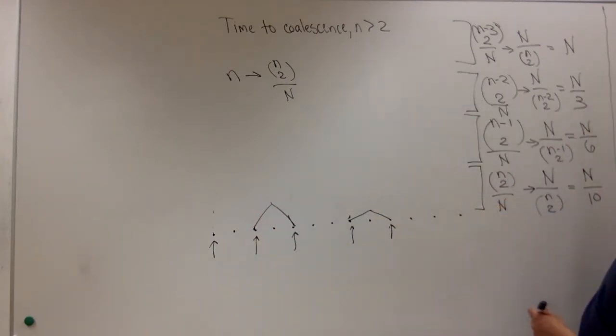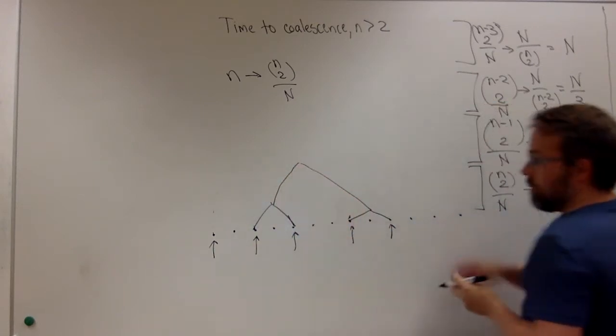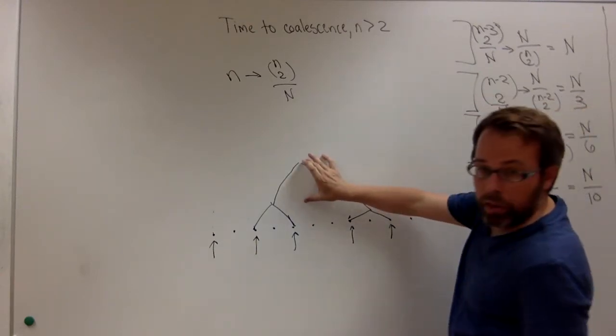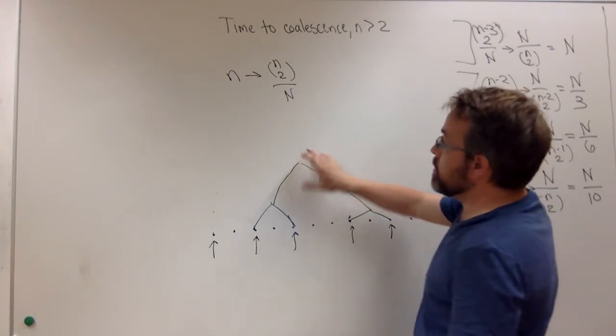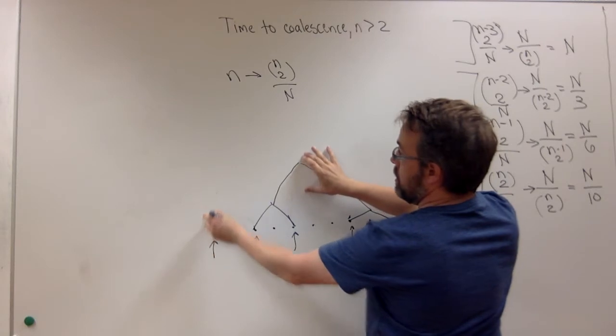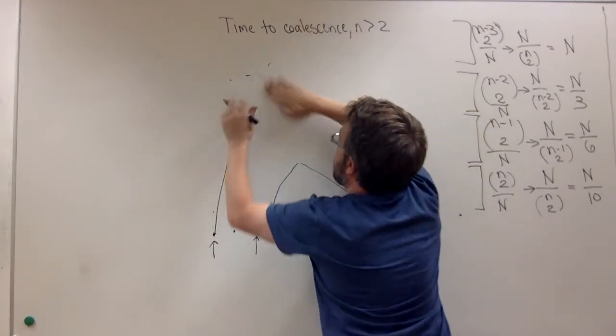And then the next one would be about twice that long, and the final one would be 3 times that long. Because if this length is n over 3, then we expect our last coalescent event with this last individual to be 3 times that long.